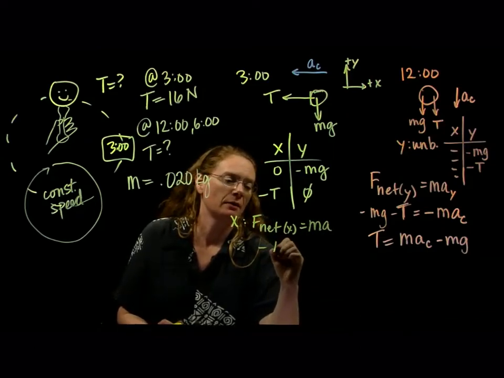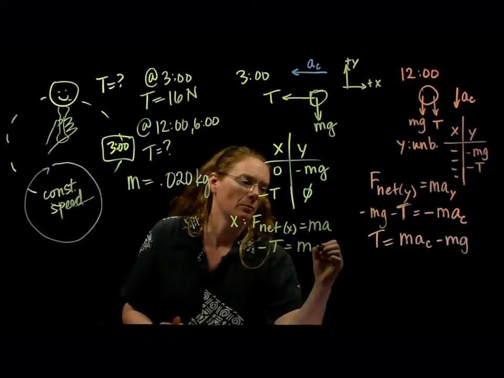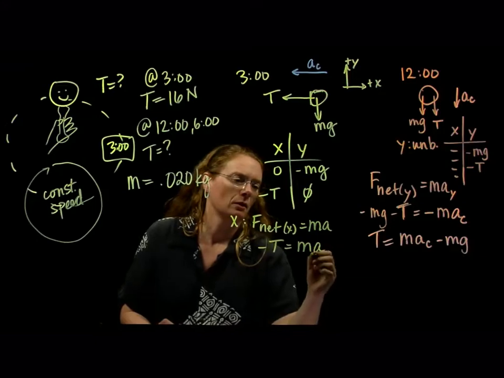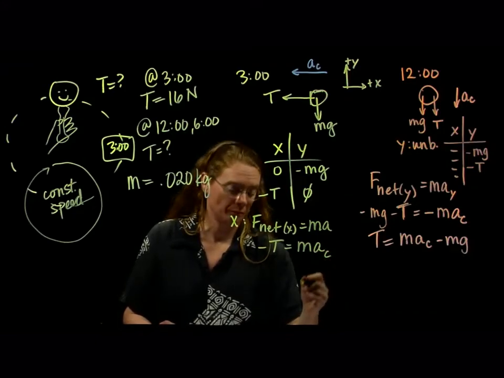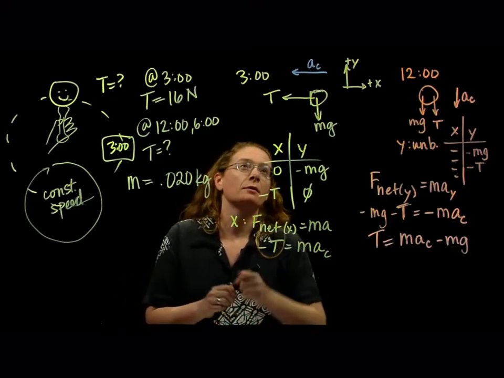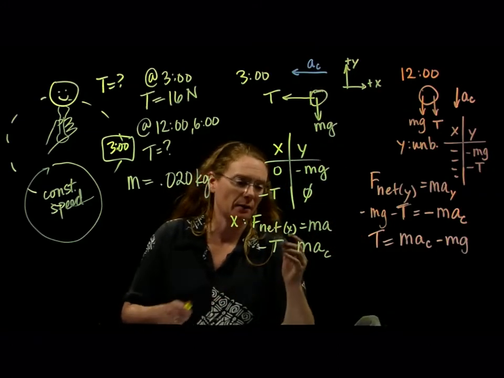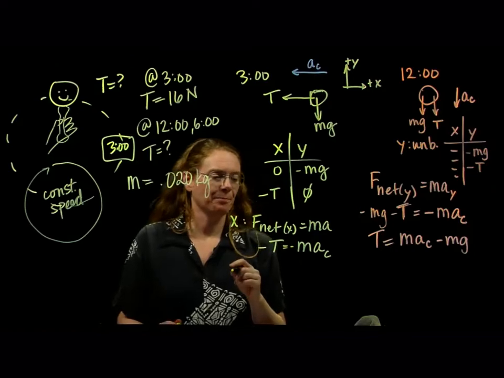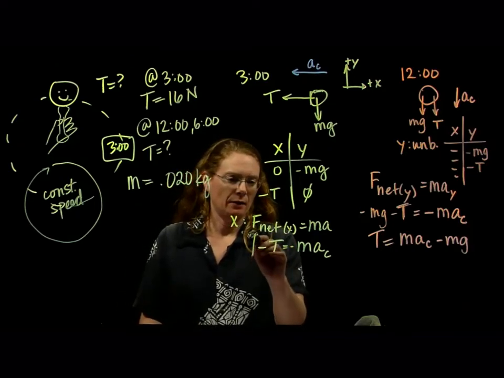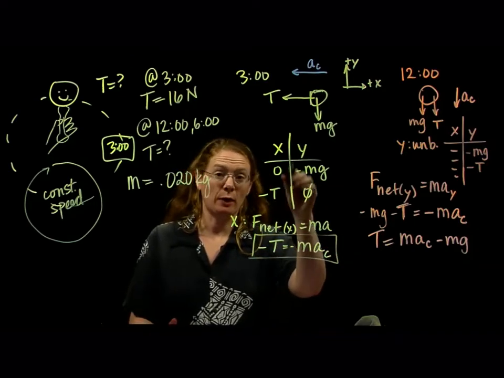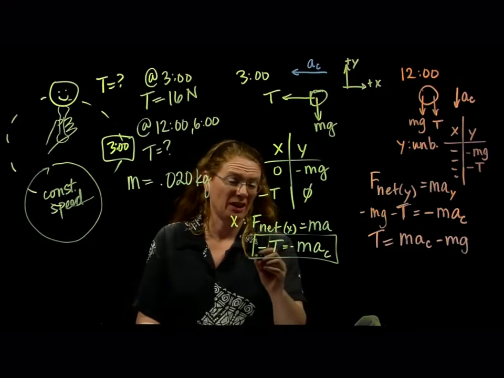So I have a minus T equals ma. And that's centripetal. Oh, and look at that. My centripetal acceleration is going to the left. I need to sneak in a negative sign there. There we go. Okay, and you can do the y direction equation, but I'm probably not going to need it.